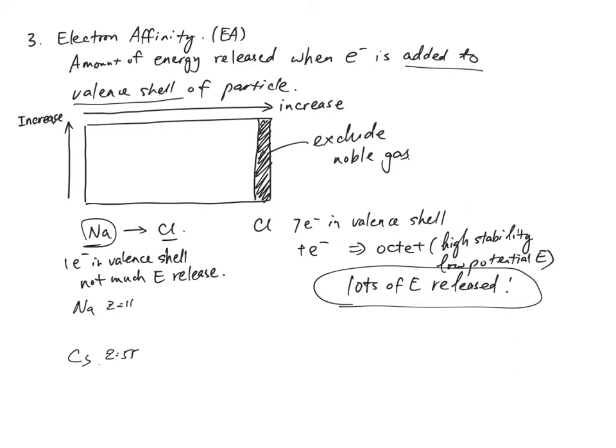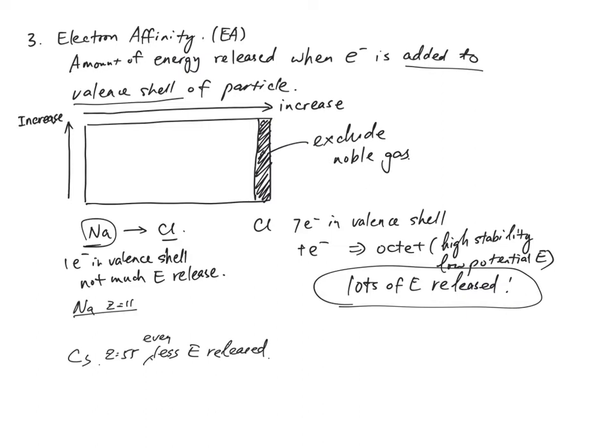When you put one electron in sodium, going from 11 to 12 and changing the electron number in the third shell, it affects the electron essentially more. So even less energy is released, because it doesn't really affect cesium that much.